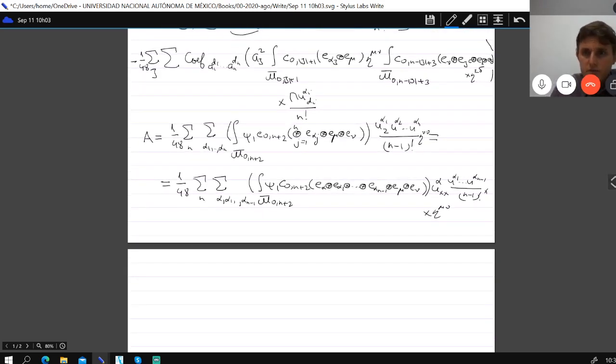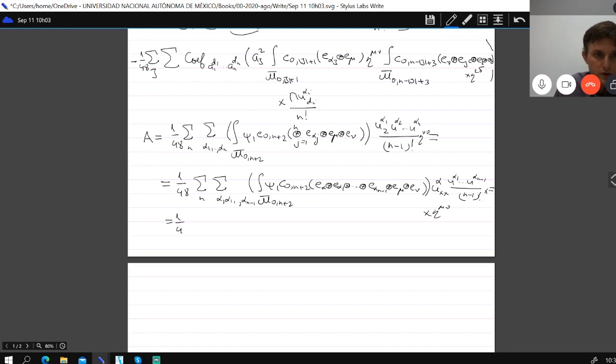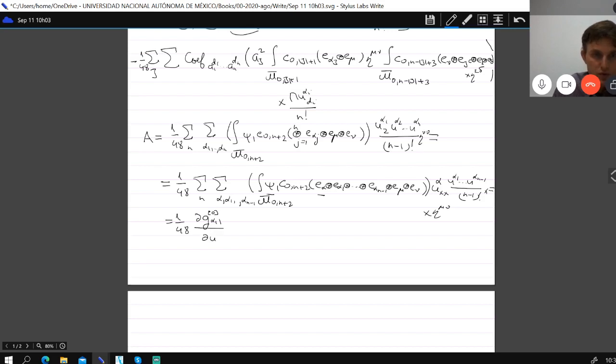More or less by definition, this is equal to 1 over 48 times the genus 0 invariant with alpha_1, because we take the psi class here and then e_alpha here, and we also differentiate with respect to u_mu, d squared d u_nu at mu nu, u_alpha.